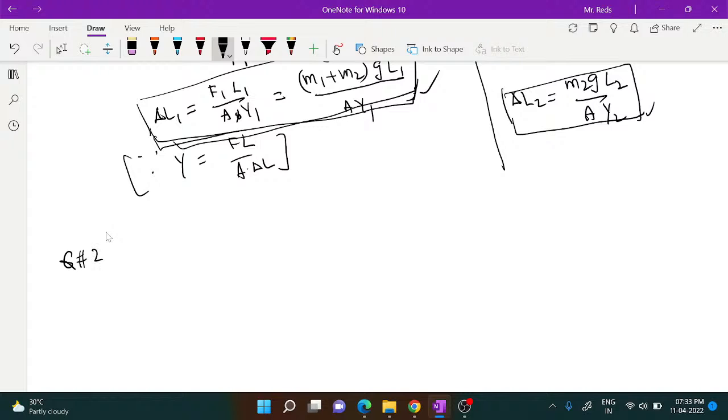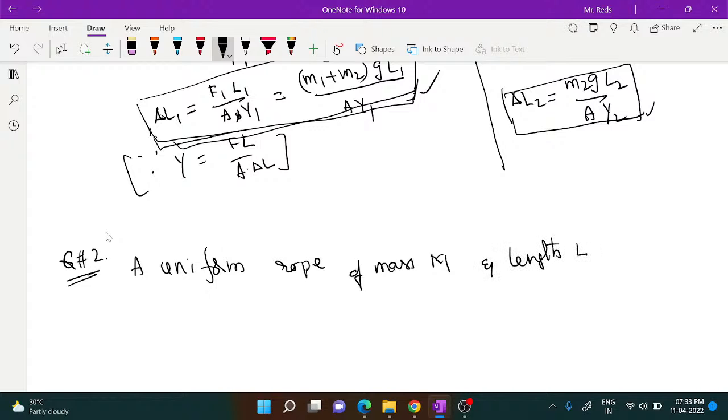The question number 2. The question is: a uniform rope of mass capital M and length capital L on which a force F is applied.